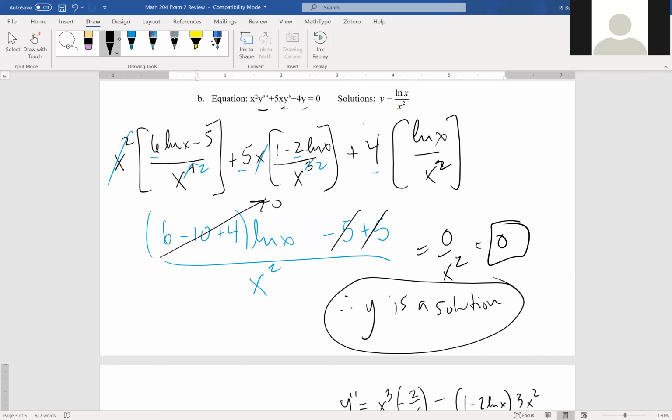So the derivatives are a little difficult, but after you plug in, it simplifies really easily.